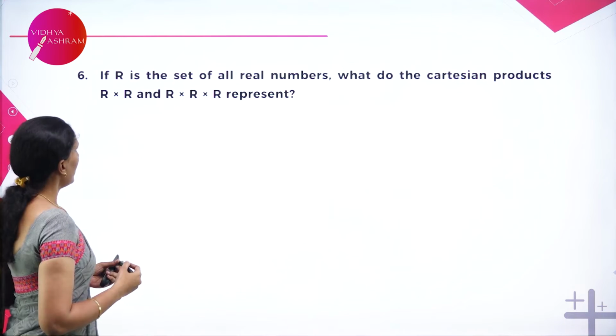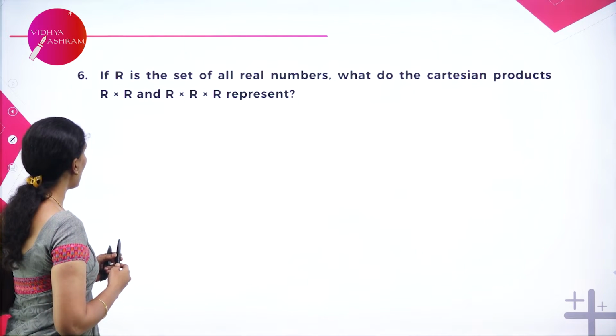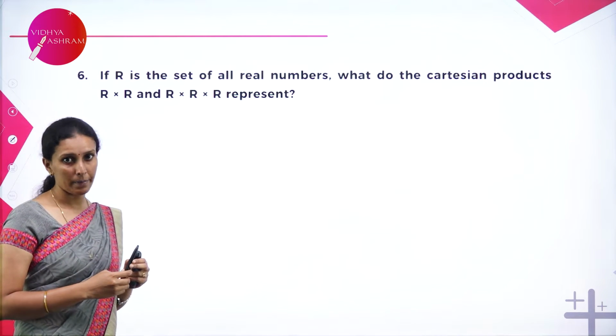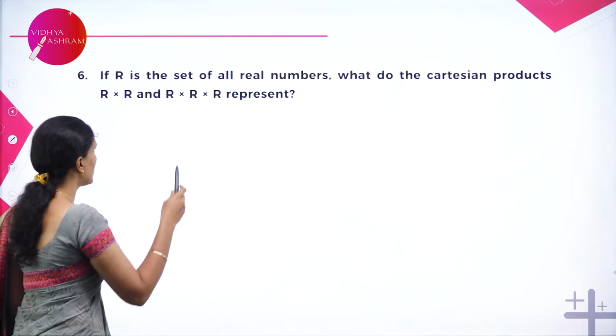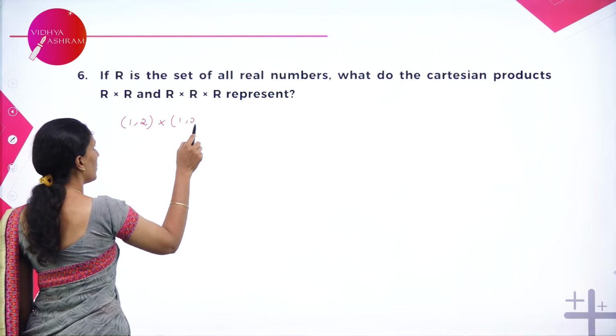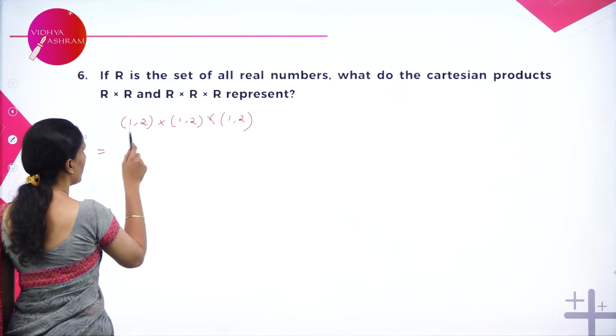Next question. If R is the set of all real numbers, what do the Cartesian products R cross R and R cross R cross R represent? Let me take the same {1, 2} cross {1, 2} cross {1, 2}. What are the points that can happen here?